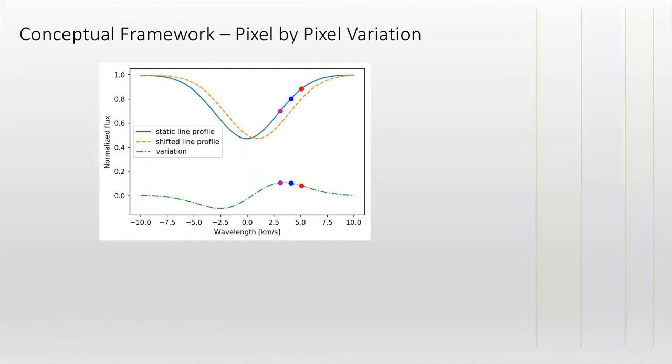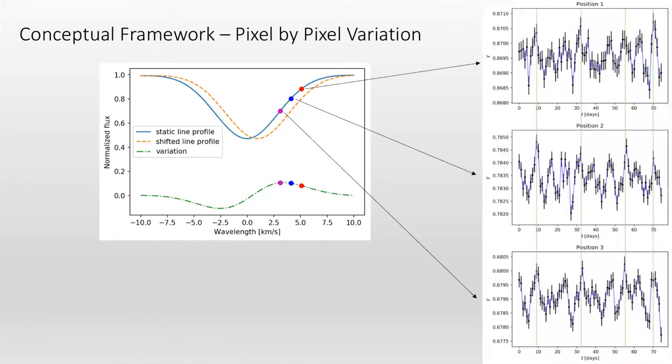You can see that at different pixels, it's shifted differently. So the line varies differently, and it's actually proportional to the gradient. If we look at each pixel and see how it varies, then you can see that it's related to how the planet affects the line profile.